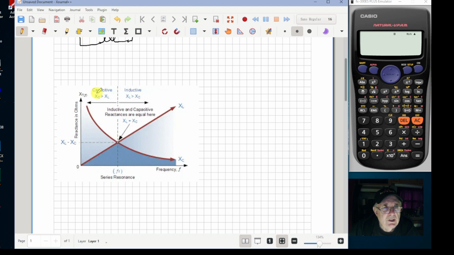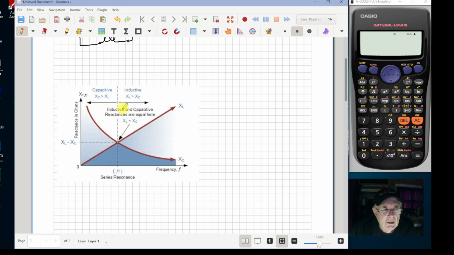Notice that capacitive reactance is a curve. And this is our reactance up here, that's on the Y scale. On the X scale here, we have frequency. At a very low frequency for capacitors, we have very high capacitive reactance. It takes more time to charge up those plates.